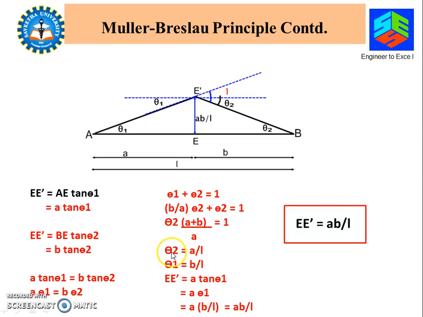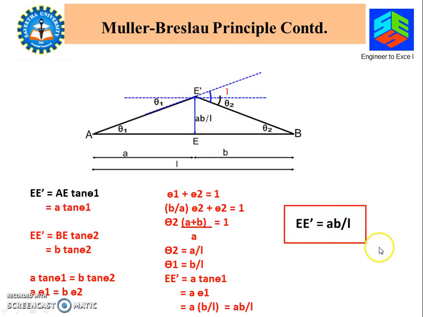At last you will get theta 2 is equal to A by L and theta 1 is equal to B by L. But our point of interest is how much EE dash is. EE dash is nothing but A tan theta 1, so A into theta 1, where theta 1 is B by L. At last you will get AB by L.